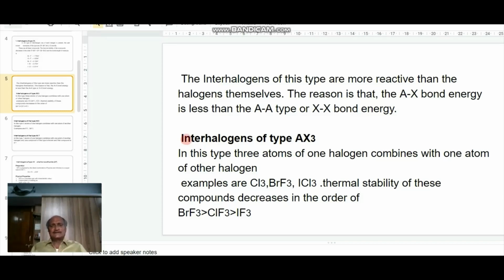Coming to the second type of interhalogens, that is AX3 type. In this type, 3 atoms of one halogen combine with 1 atom of another halogen.